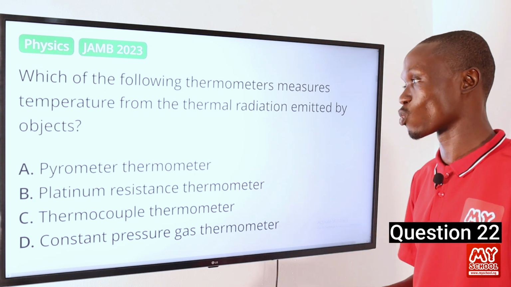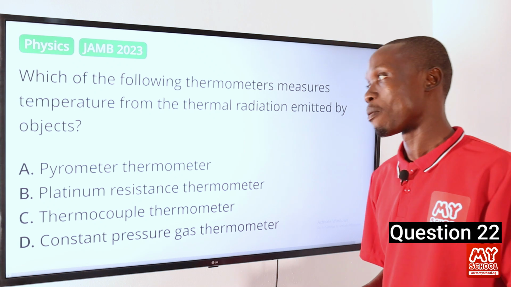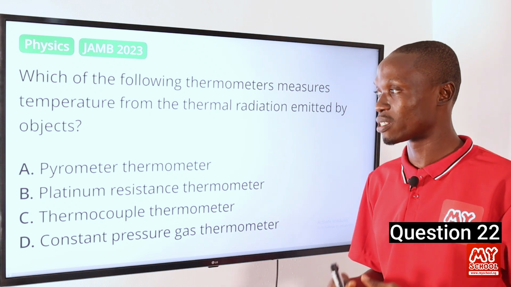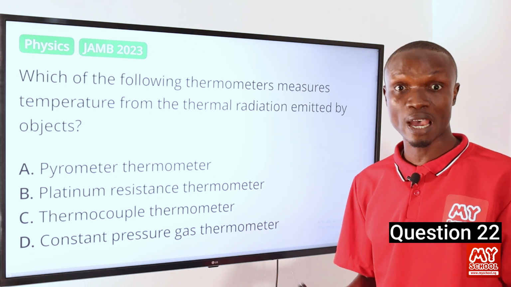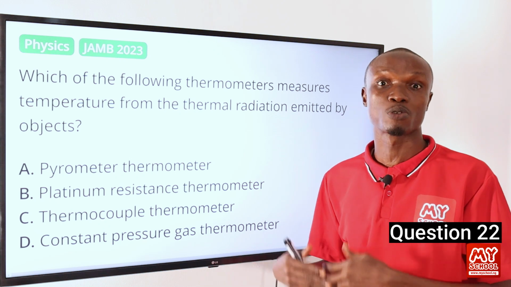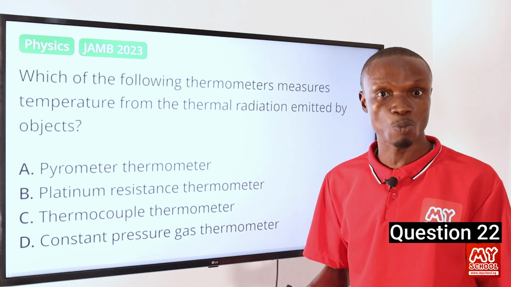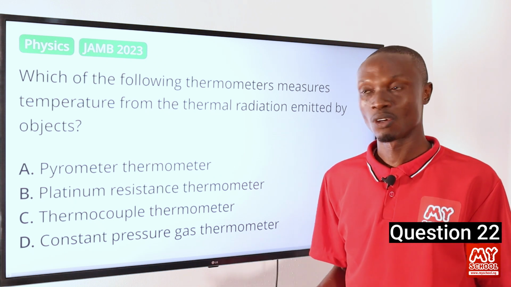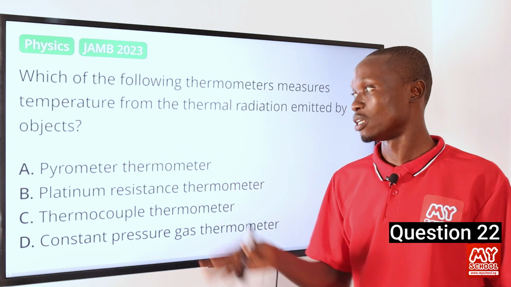The answer to this question is option A, pyrometer thermometer. A pyrometer thermometer is a type of remote sensing thermometer used to measure the temperature of a surface by measuring the thermal radiation emitted from a body. So that makes option A the correct answer.